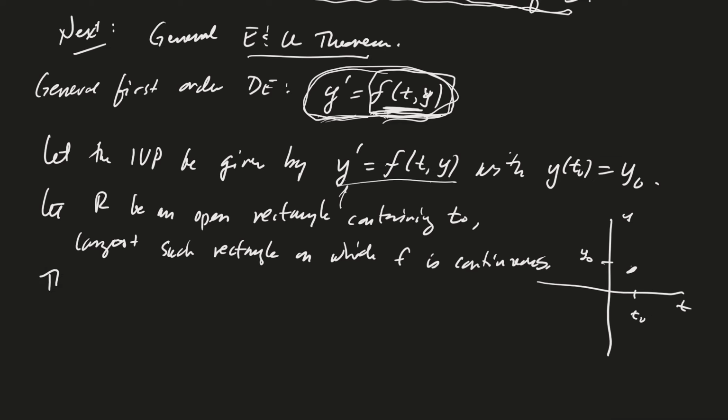Okay, then a solution to the IVP exists. Okay, so that's the first half of the existence and uniqueness theorem.